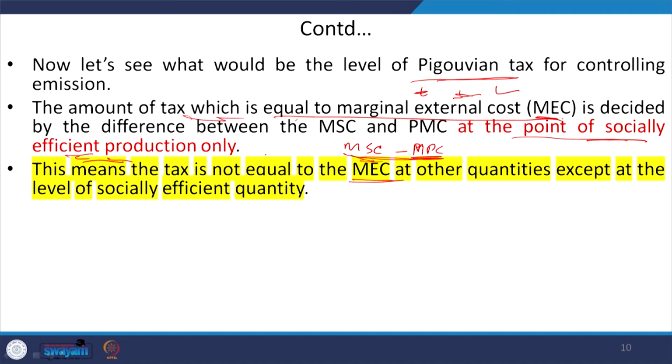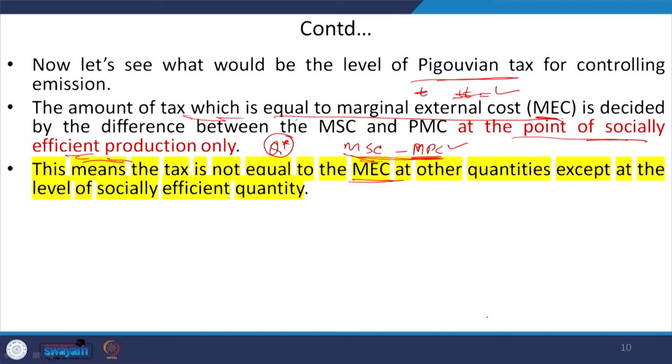So, that means at Q star only this T is defined as the marginal external cost. So, T at Q star, this Pigovian fee, is equivalent to the marginal external cost, which is equivalent to the marginal social cost minus the private marginal cost, right.